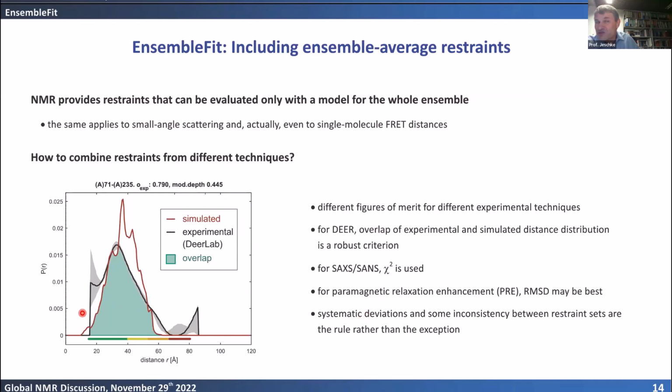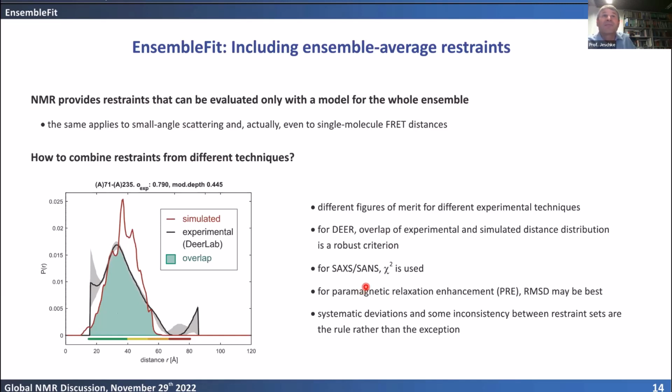So this was measured on a frozen solution. The NMR was probably measured at 25 degrees Celsius, or because the measurement was long, you had to cool down to 4 degrees centigrade. The SAXS was measured at a different concentration than the NMR. So the restraint sets between different techniques might be inconsistent. And you also have to account for this.